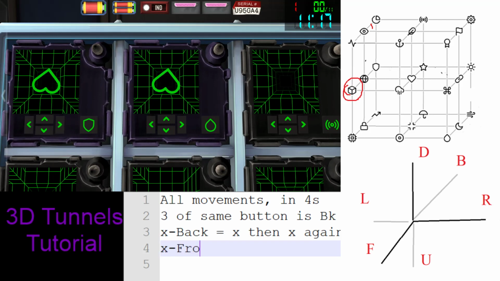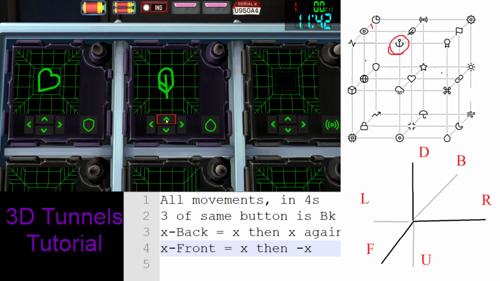So to go in a direction front, I'm going to go in a direction and then its opposite. So direction and then opposite direction. Let's say I want down front, which is anchor. Anchor is down front.